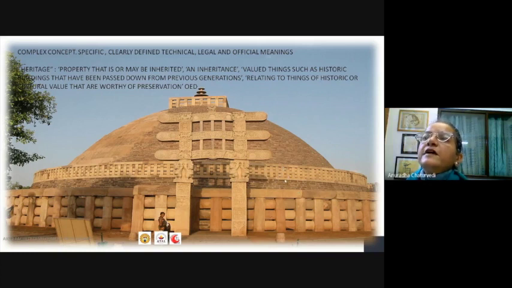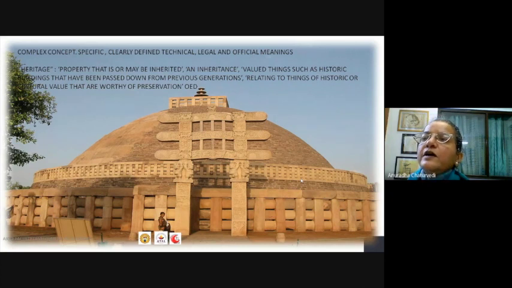Heritage can be defined as valued things such as historic buildings that have been passed down from previous generations. So this definition takes into account tangible heritage resources such as historic buildings. Another definition is that heritage relates to things of historic or cultural value that are worthy of preservation.